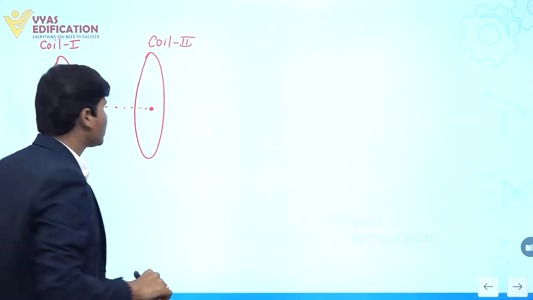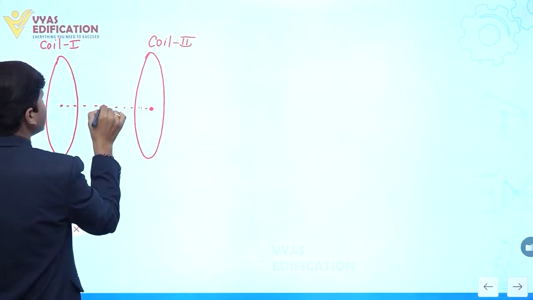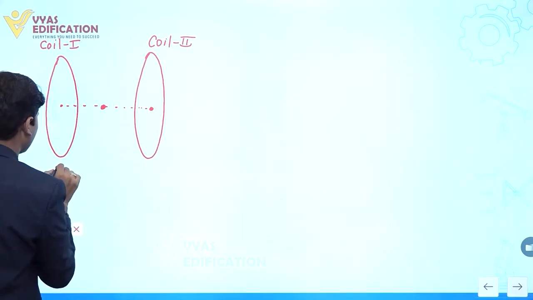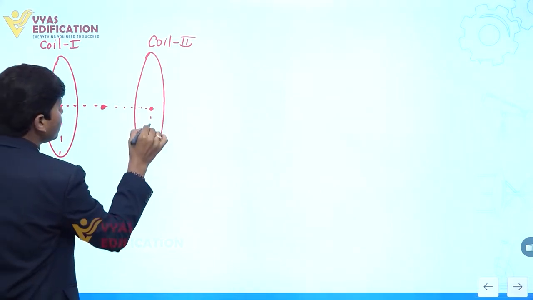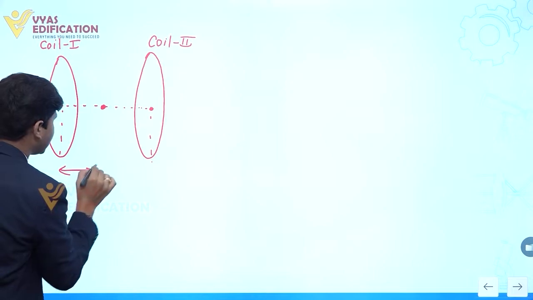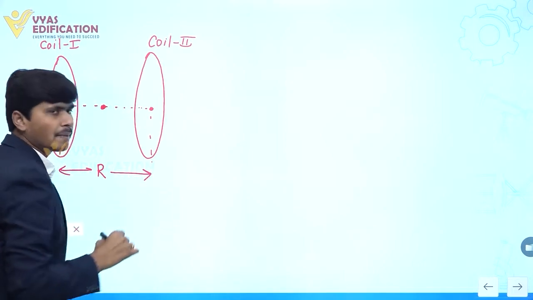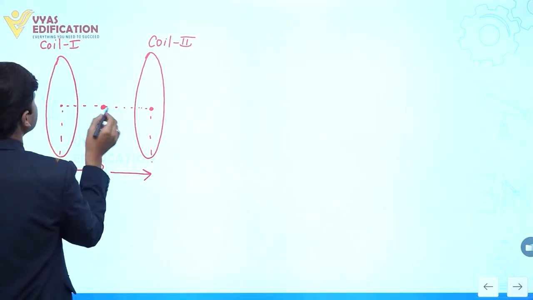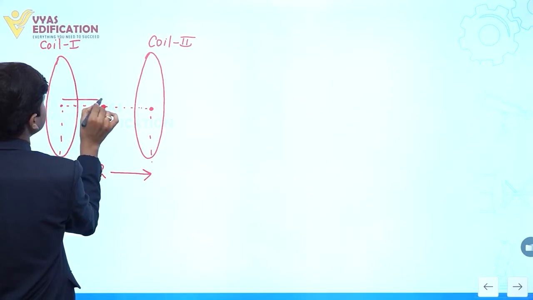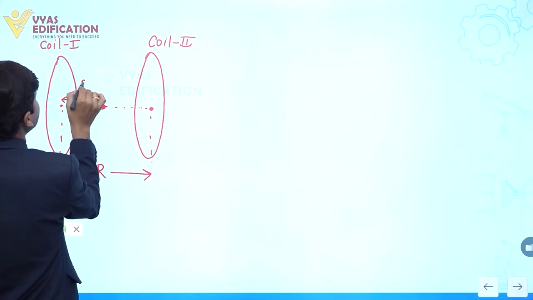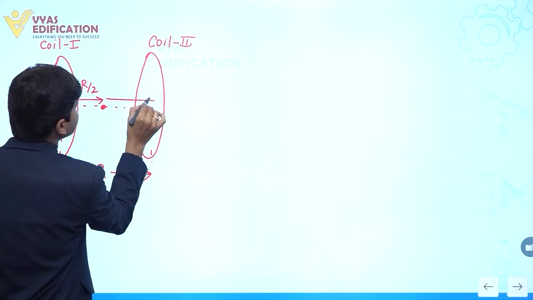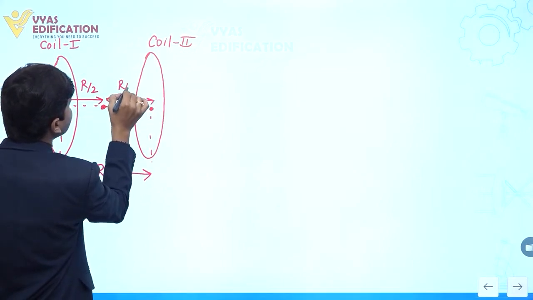Let's take the midpoint between these two coils, and the distance between the two coils is R. So if this is the midpoint, this distance is R by 2, and this one is also R by 2.